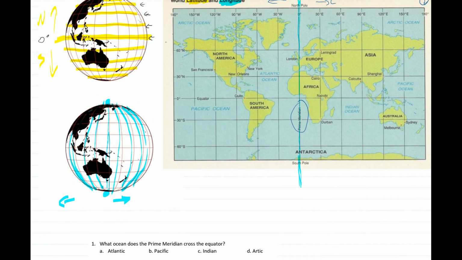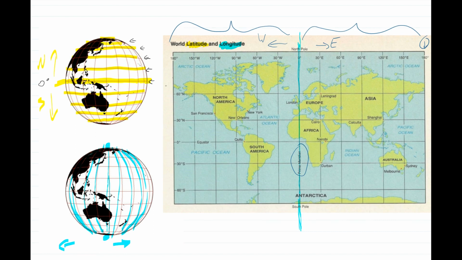What ocean does the Prime Meridian cross the equator? Oh, well, let's take a look. We know where the Prime Meridian is. That's here, this line down here. And the equator is this line that wraps around the globe here. So what ocean is where they intersect? That's the Atlantic Ocean.